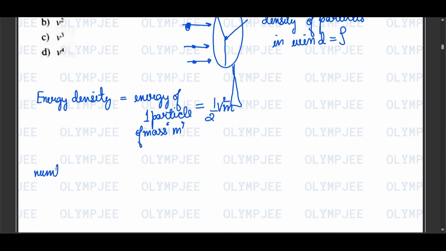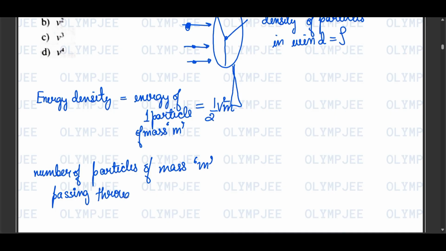And the number of particles of mass m passing through the windmill every second, because power is defined as all the energy produced in 1 second, right? So we have to find out the number of particles passing through the windmill in 1 second.